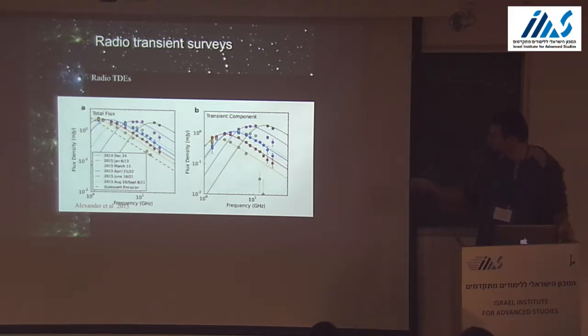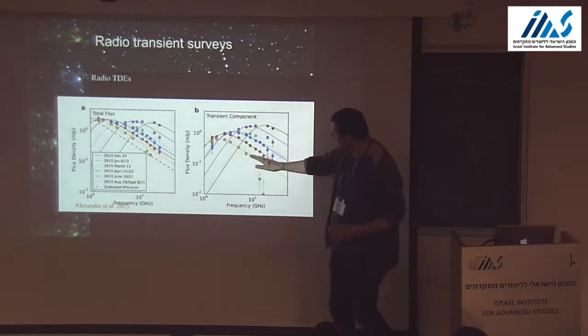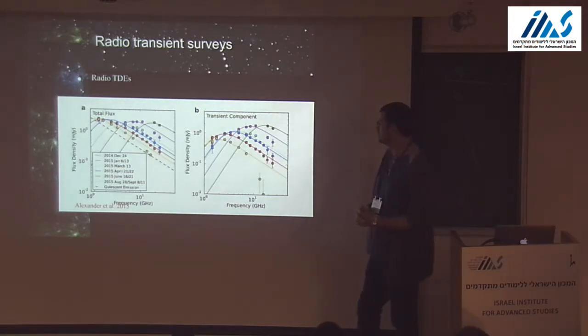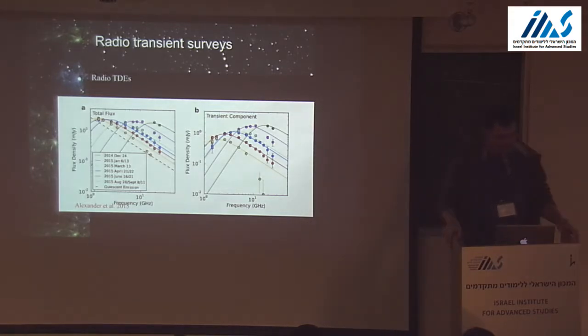I'm not going to go a lot into that, but these are observations by Alexander and collaborators. Again, you see the same sort of patterns, these typical light curves moving from high to low frequencies. These are observations of one particular tidal disruption event in a nearby galaxy.